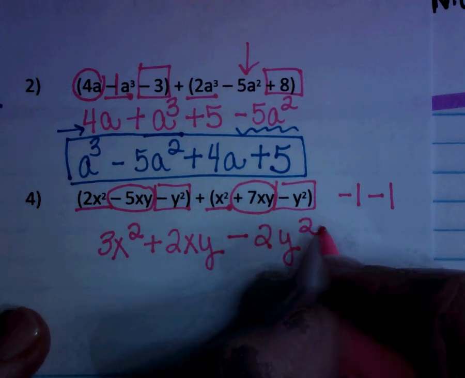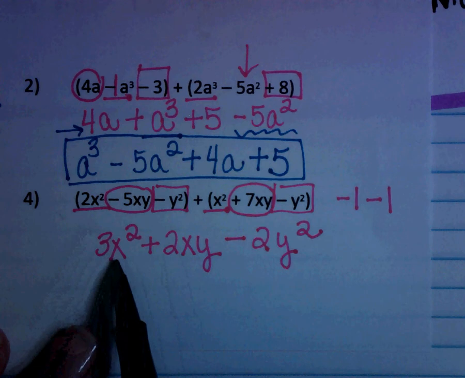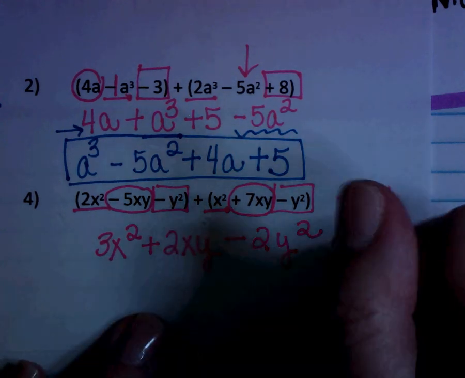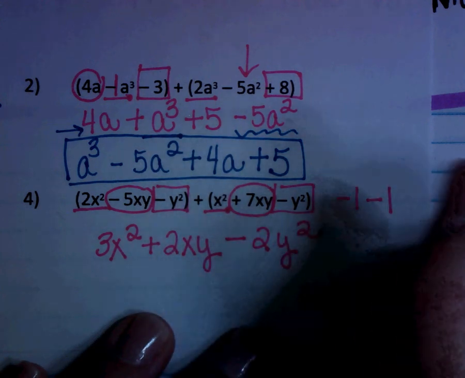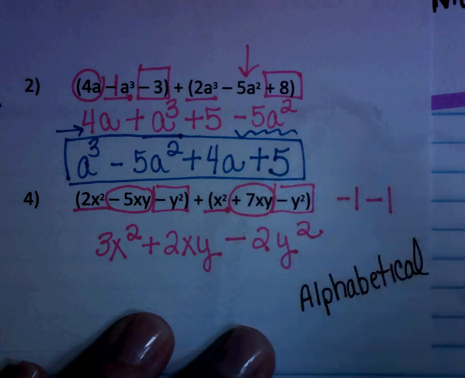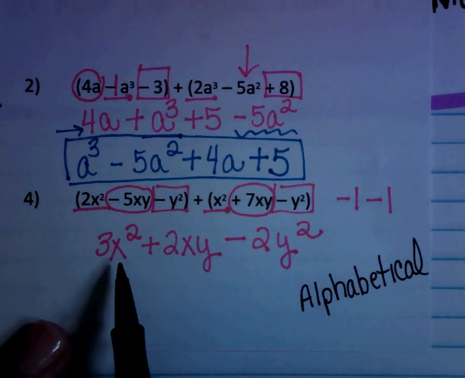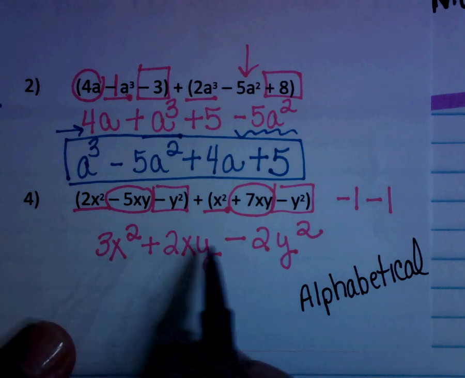Okay, now let's check for standard form. It gets a little bit trickier when you have two different variables. So what I want to tell you is not only do we go in descending order based on the exponent, we also go alphabetically. So for example, x comes before y. Just like if you were alphabetizing your names, you first look at the first letter that comes first alphabetically.